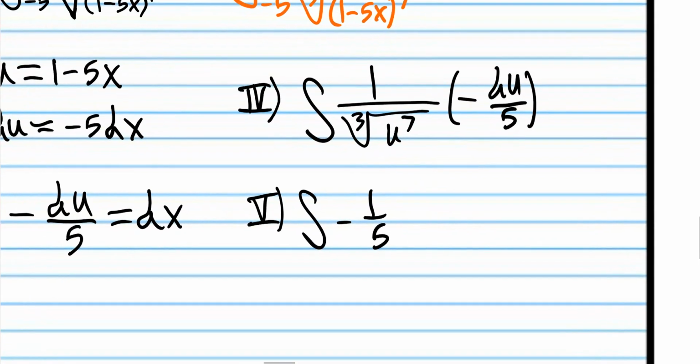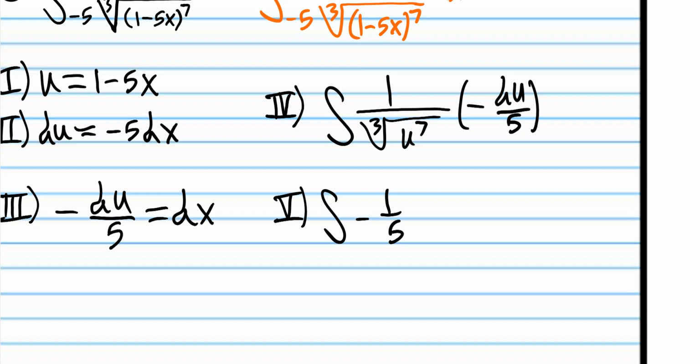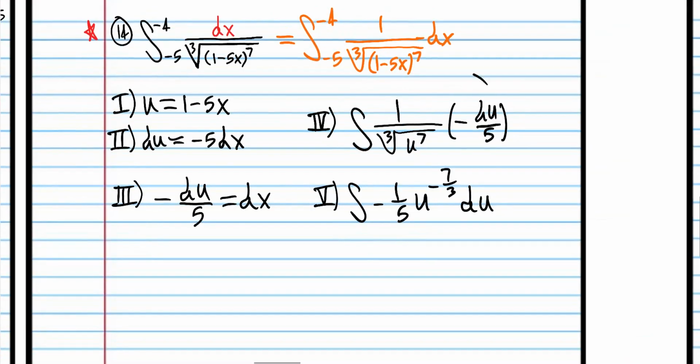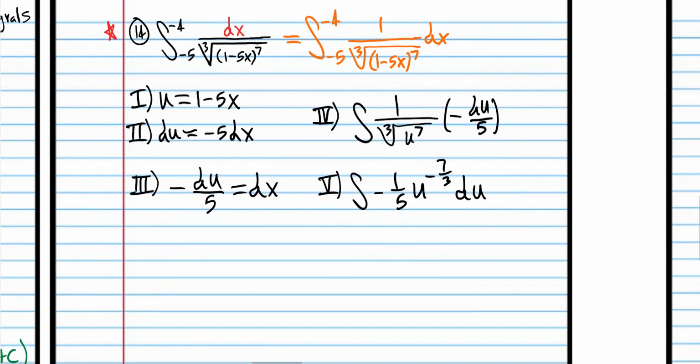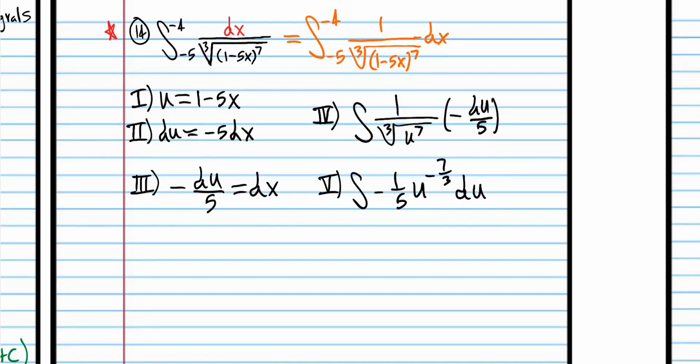Well, this is u to the 7/3 power by exponent rule number 10. And by exponent rule number 8, we can bring that up, so it becomes u to the negative 7/3 power. So all of that turned into that. It just makes it look nice and neat, and we can organize things.